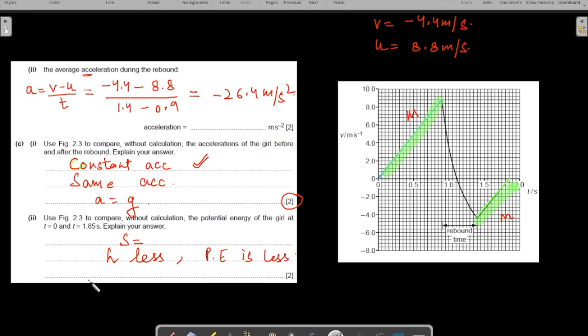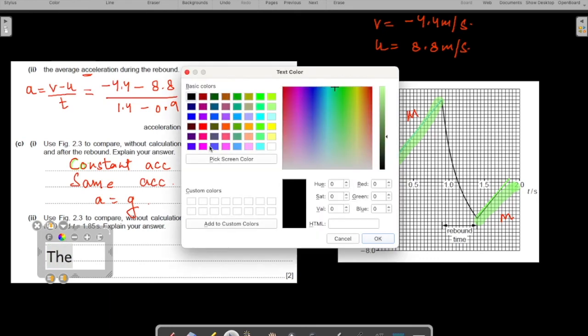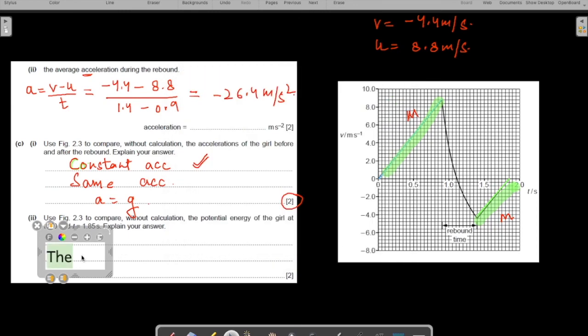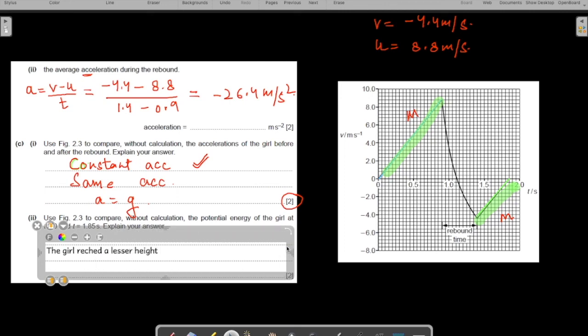So what should be your answer? You should be saying that she reached a lesser height after the rebound. So let me write down what should you be writing. So the girl reached a lesser height after the rebound.